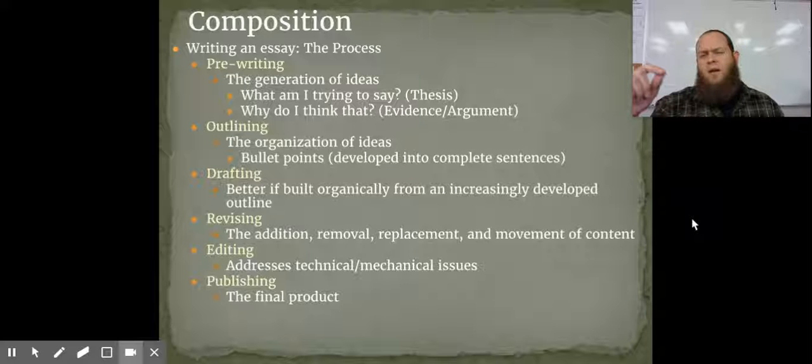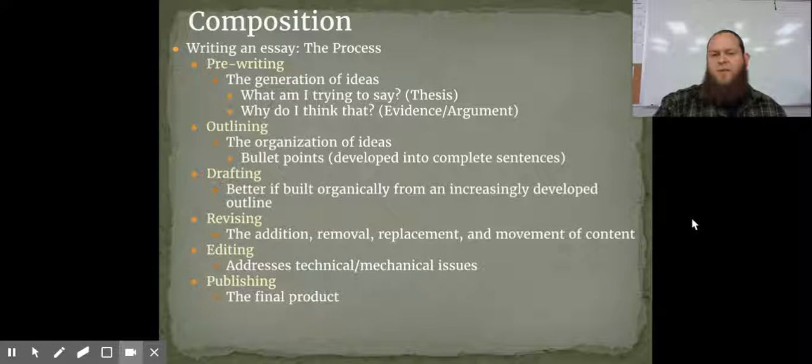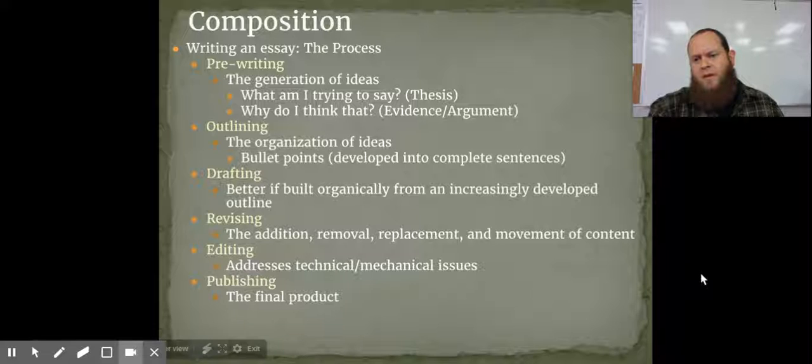Why do I think that? What supports these things that I want to say? So we connect our thoughts to textual evidence and so forth. That way, we've got mile markers, or map markers, I guess, to make sure that we hit each point in a particular order, so that it doesn't come across like we're rambling. All right, there we are.